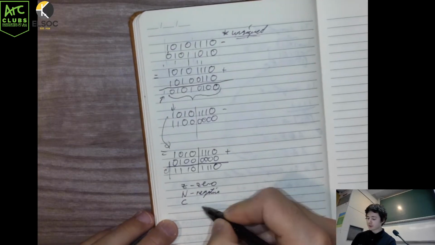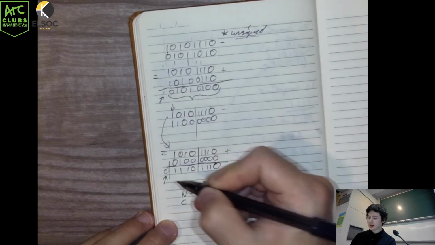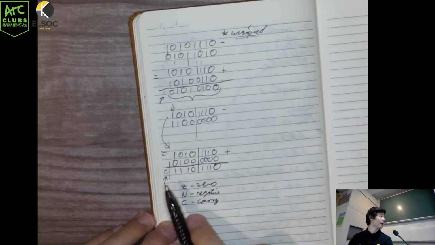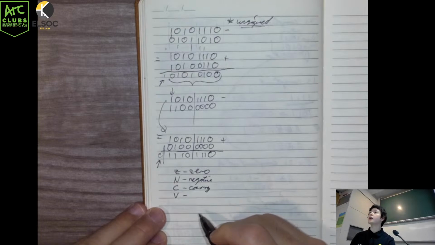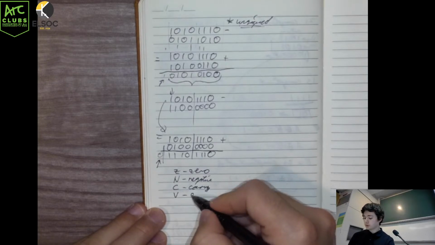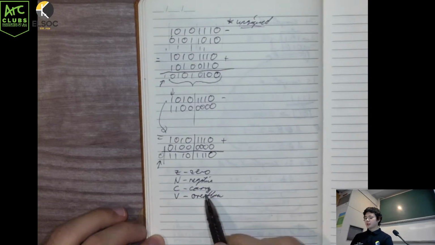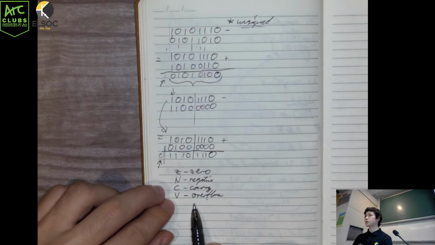We have the carry flag, which is very much just talking about this carry over here, whether that's a 0 or a 1, at the end of our operation. And then we have the V, the overflow flag. Now, we understand that carry and overflow work on very different manners of conditions, okay?